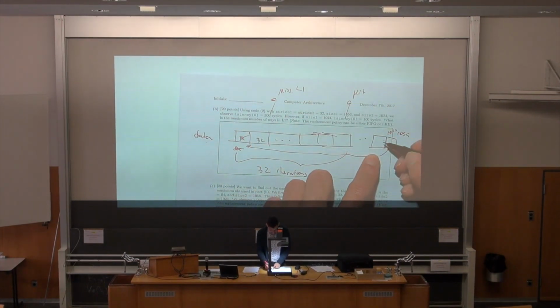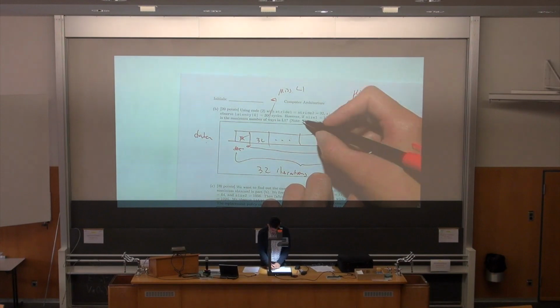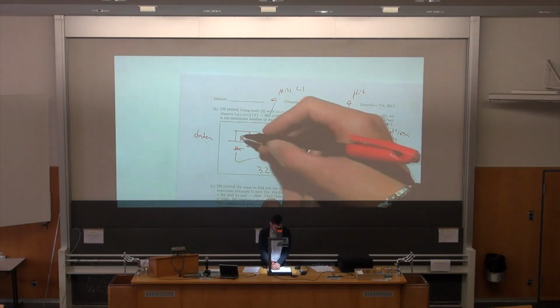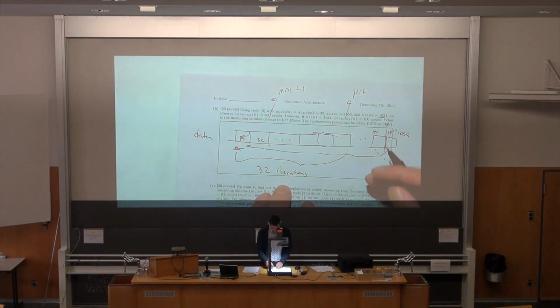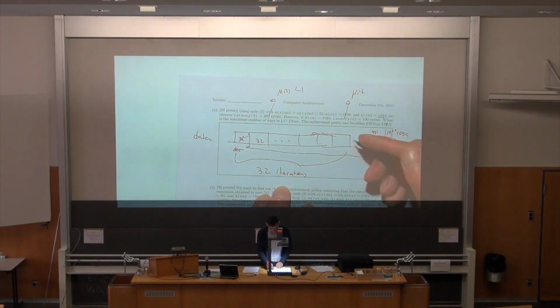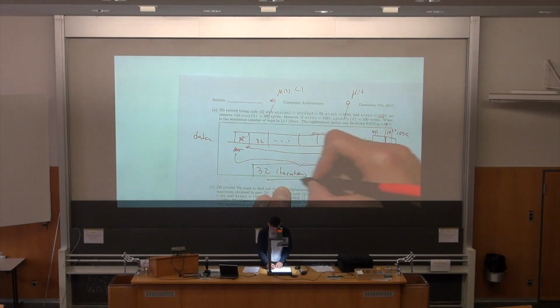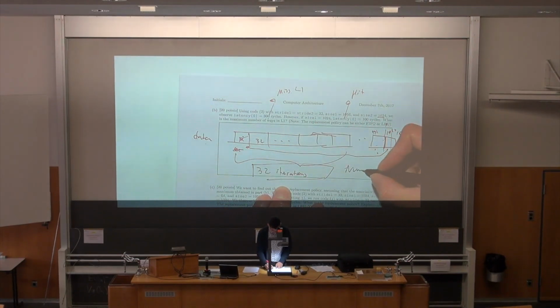However, if I access just until the previous one, for the other strides, I don't evict these elements at all. So it means that the maximum number of ways is the maximum number of iterations in this case, which is 32.